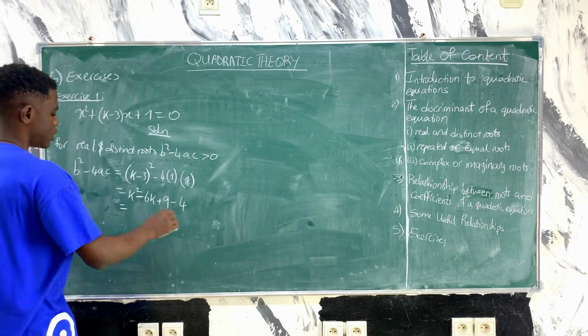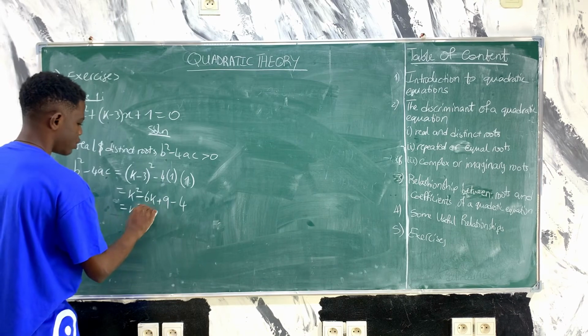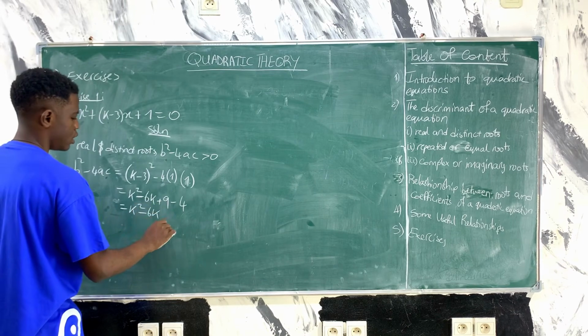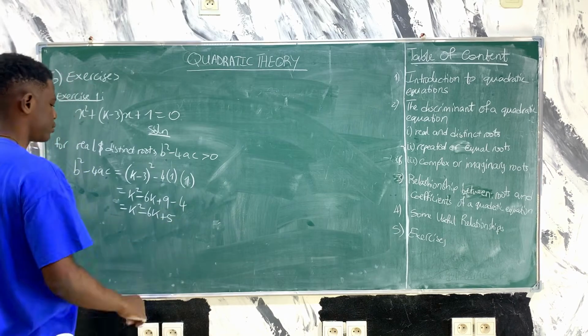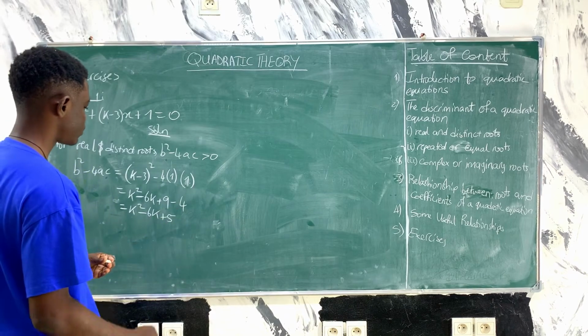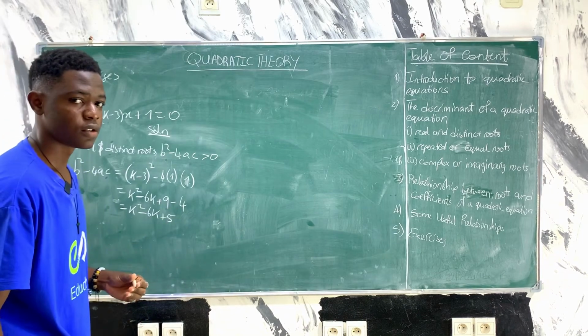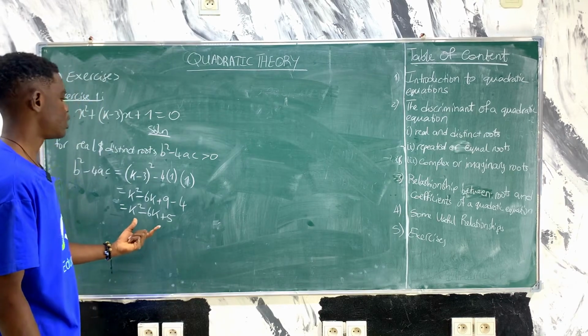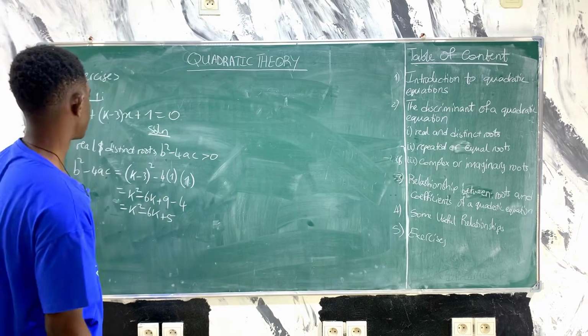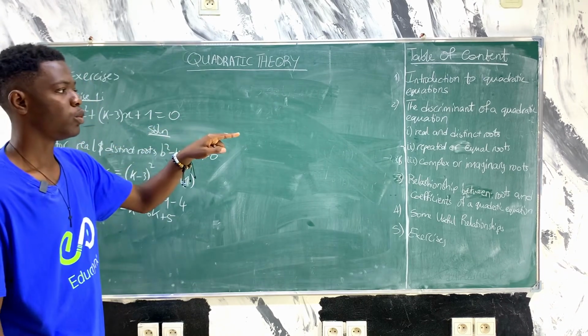That will be equal to, we can still simplify, k squared minus 6k plus 9 minus 4, which is plus 5. So we have this, but we have to find the values of k for which this equation has real and distinct roots.